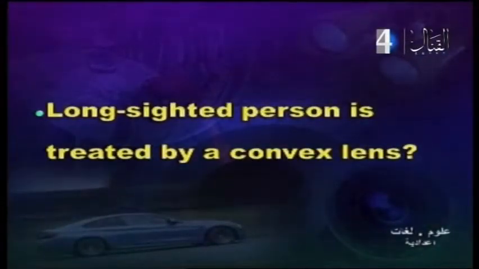A long-sighted person is treated by convex lens. Okay, it's the opposite. Here the image in the case of long-sighted is formed behind the retina. So here the image will not be clear. The reason is the shortness of the radius of the eye, and the eye length is less, with a long or large focal length.